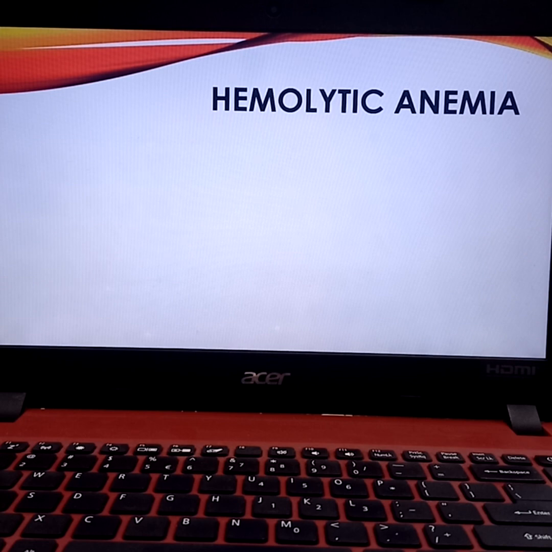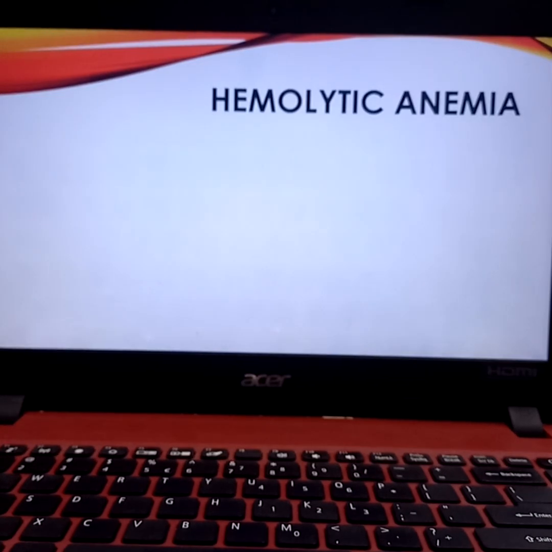From the word itself, it's more on anemia, wherein there is a decreased level of red blood cells in the blood, which is less than 3.5 million per cubic millimeter, okay? Because the normal value of RBC in the blood is 3.5 to 5.5 million per cubic millimeter. So if it's below that, that is considered anemia.